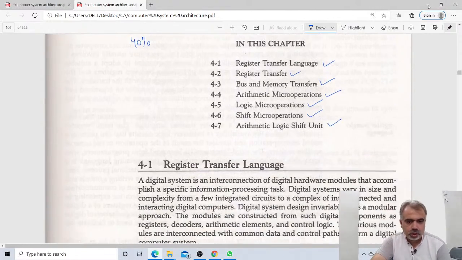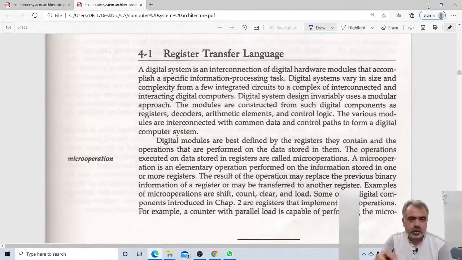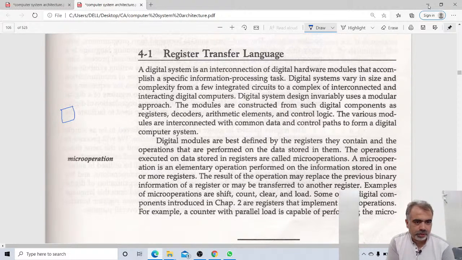Let me start this. First of all, what is RTL? RTL is a register transfer language. You know, registers are the memory devices from which the data is transferred and in which data is stored.